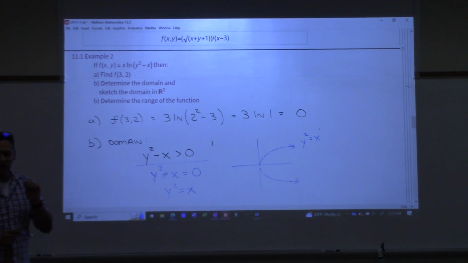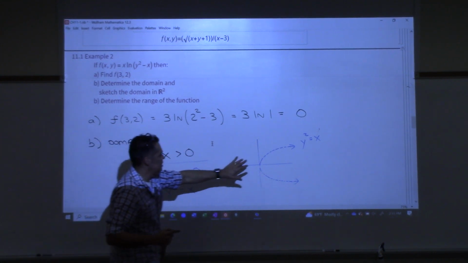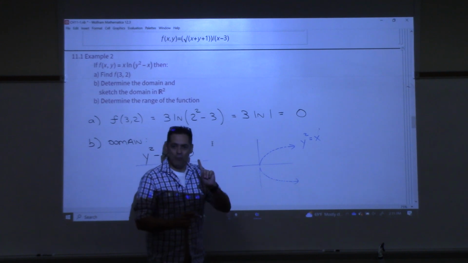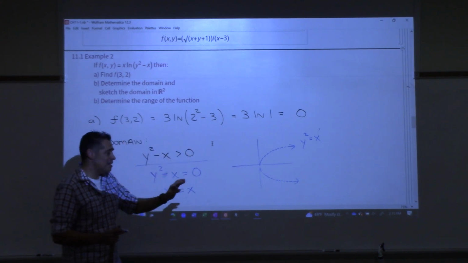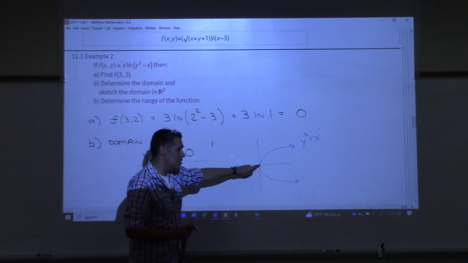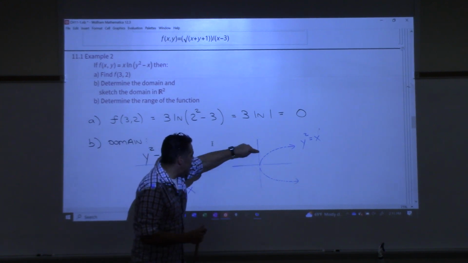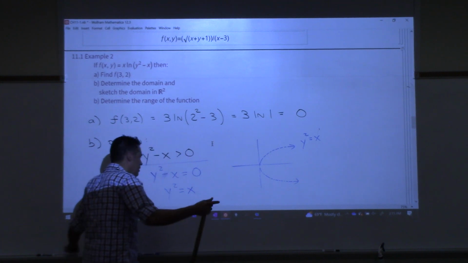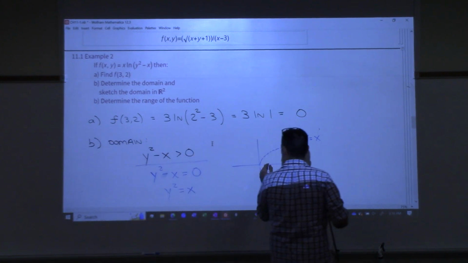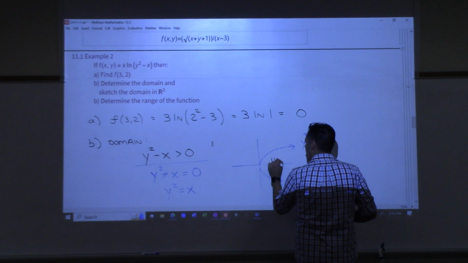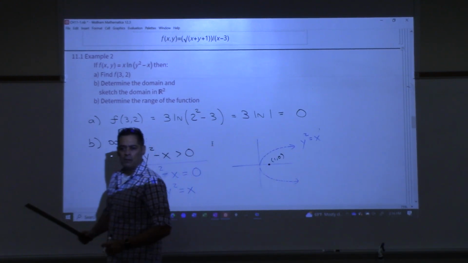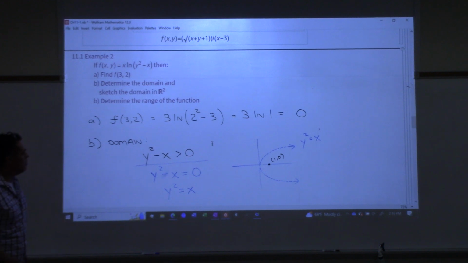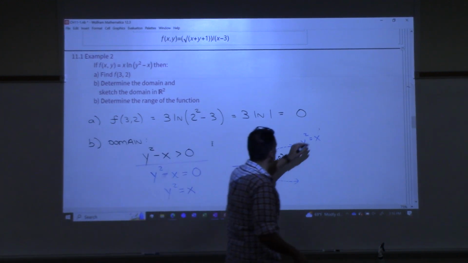And then I'm going to pick a test point. I'm either going to be within that parabola or I'm going to be on the outside. I just need one test point. So I can't pick 0, 0. This time I can't pick 0, 0 because 0, 0 is on the parabola. So I could pick any point you want, really. I heard 1, 0. Yeah, let's pick 1, 0. And all I'm doing is checking to see if that works. So we plug that into the original function.